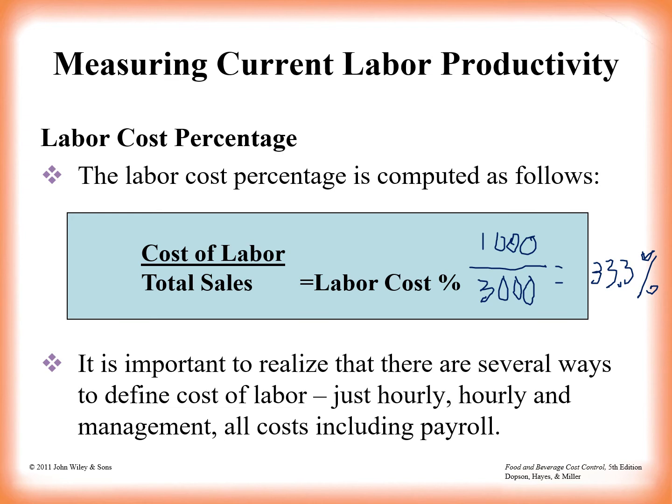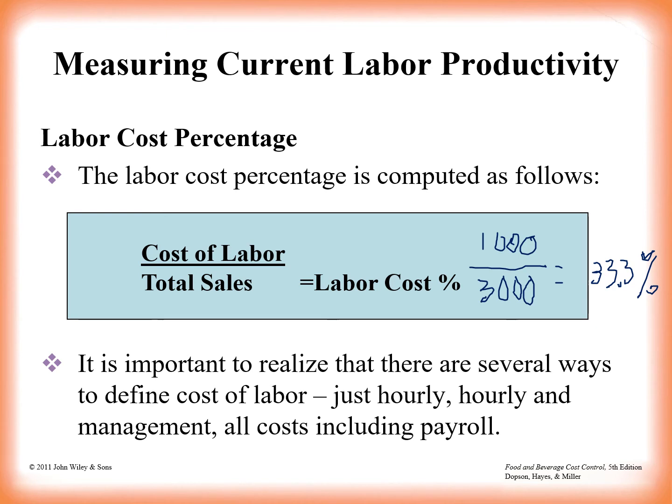So that's my cost of labor. I spent $1,000 on labor, and it generated $3,000 in sales. That means my labor cost is 33.3%. And so this gives me a pretty good understanding of how well I'm using my employees, what they're getting done.